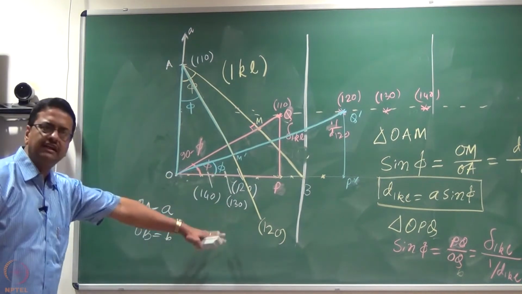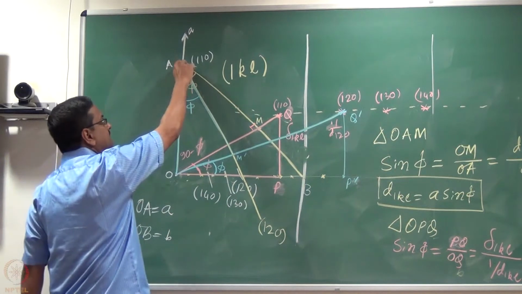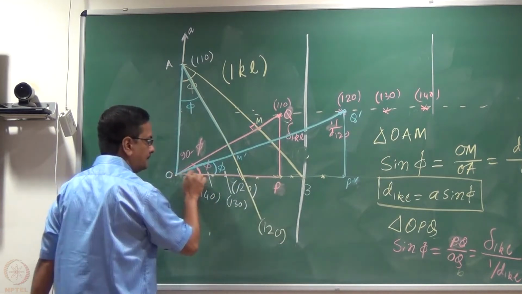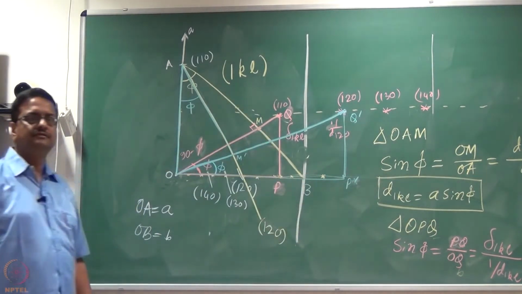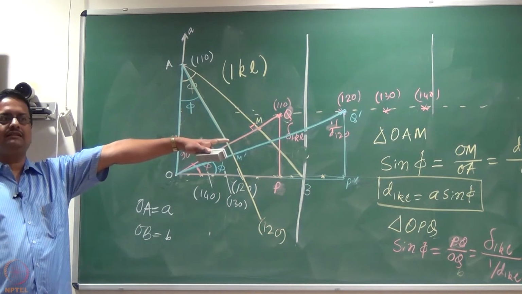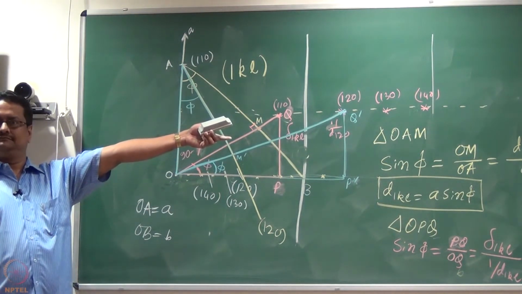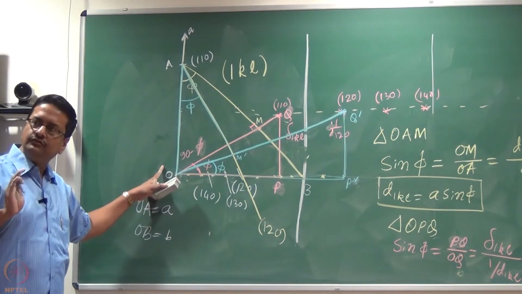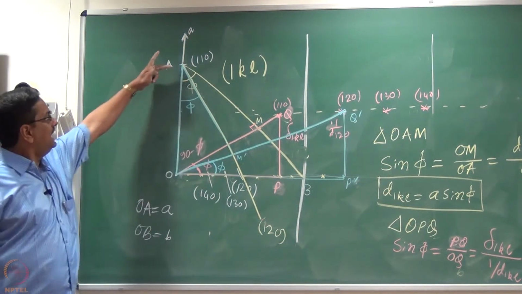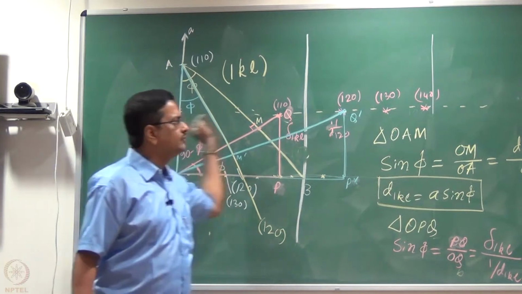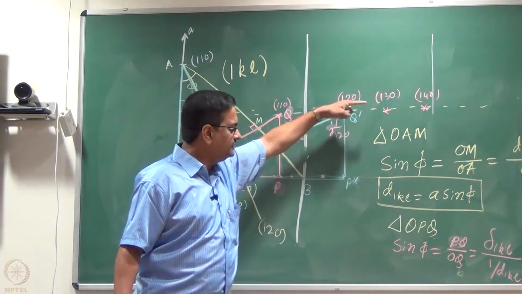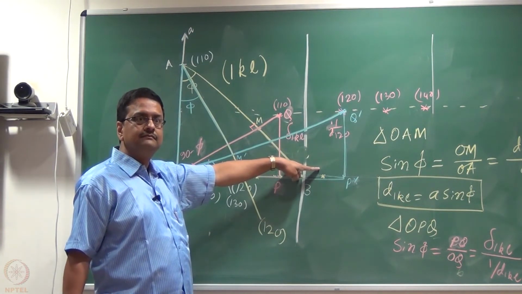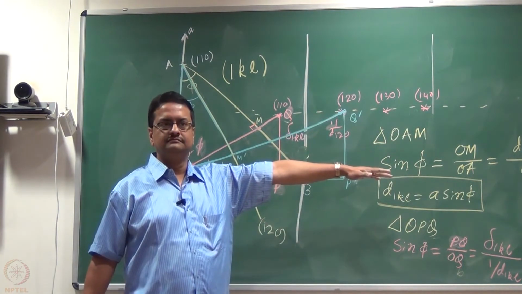If I do the same set of mathematics using this triangle first, and then using that triangle and equate, we will end up getting delta 1KL as 1 by A once again. So that means all the reciprocal lattice points corresponding to those planes which cut A at one unit will fall on one line, and that line is at a distance delta 1KL from the line which is here.